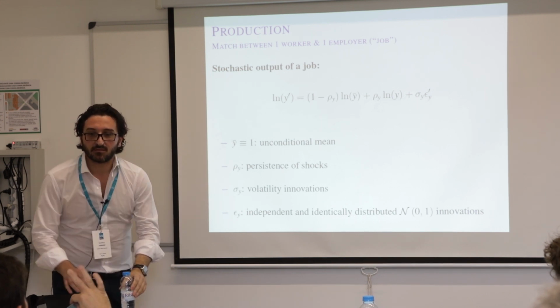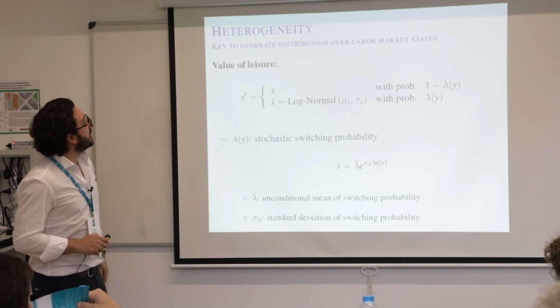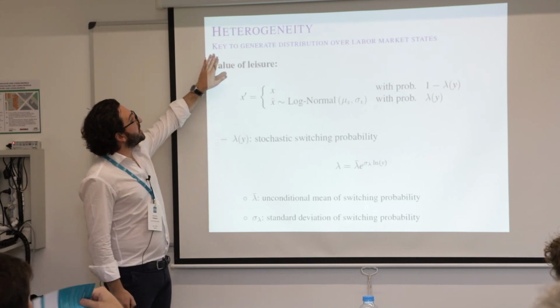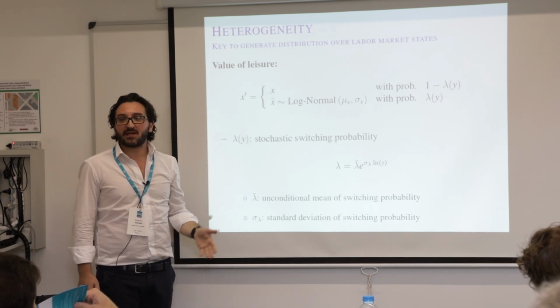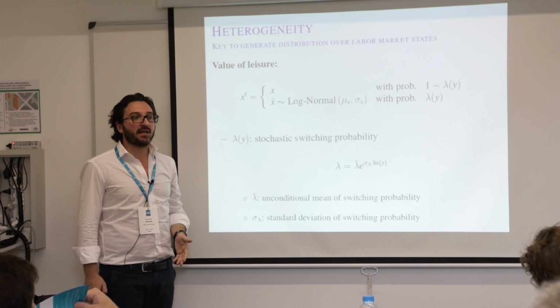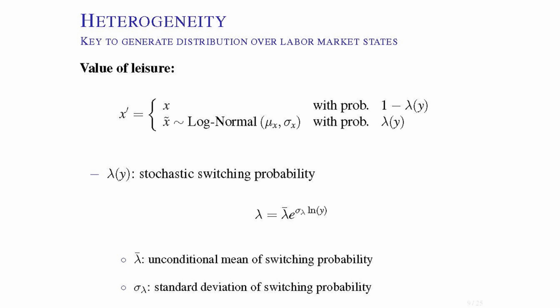Okay, so usual stuff here. Now, heterogeneity in X is key to generate the distribution of workers across the 3 labor market states. What we're going to assume is that X is stochastic. We're going to assume that the value of X changes with probability lambda.